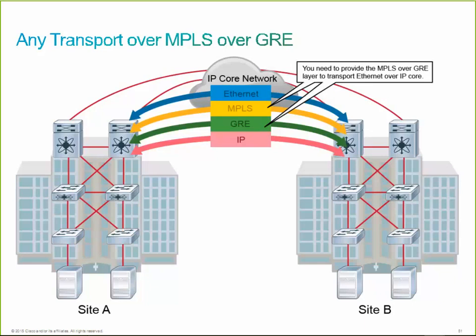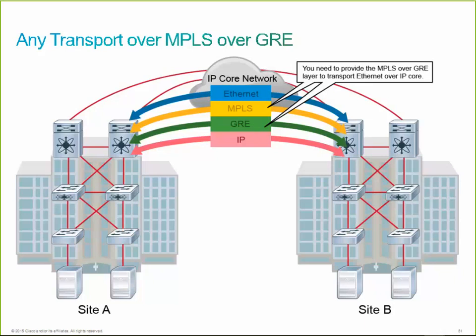By using this design method, we're allowing the enterprise to build that EoMPLS point-to-point connection across the link from site to site, but these connections are being transported over that existing IP routed core. All right? We don't necessarily need to deploy MPLS in the core network to support this either.